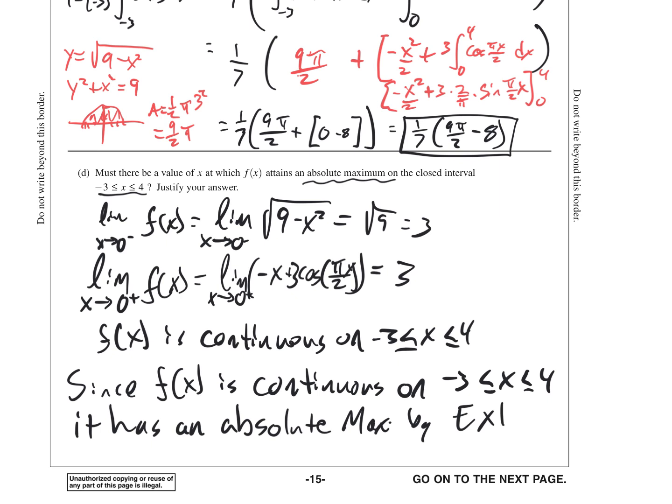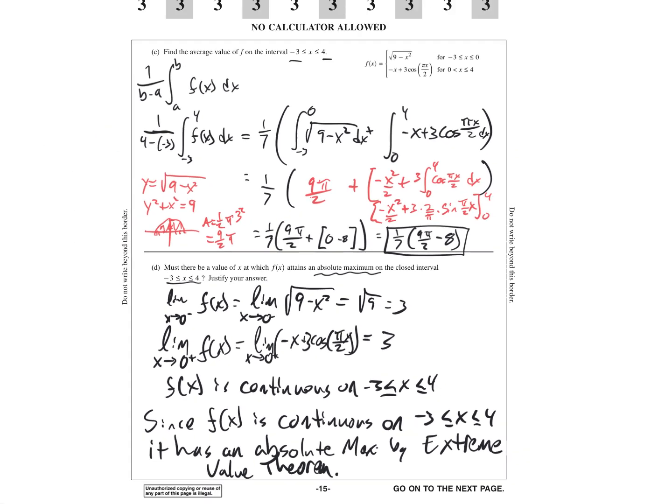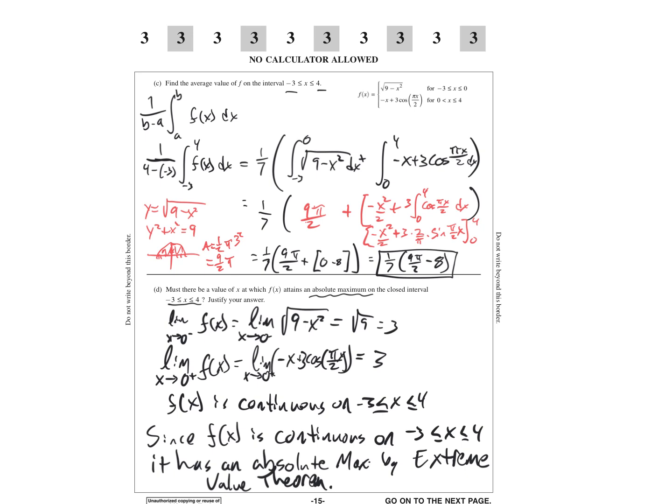Okay, again, if you just said because it's continuous, you'd probably get points there. Extreme value theorem. All right, so there's the idea. All right, well, I hope that kind of clears a few things up there. All right, remember, start with your definition and then go look at your function or your graph and work from there. Okay.